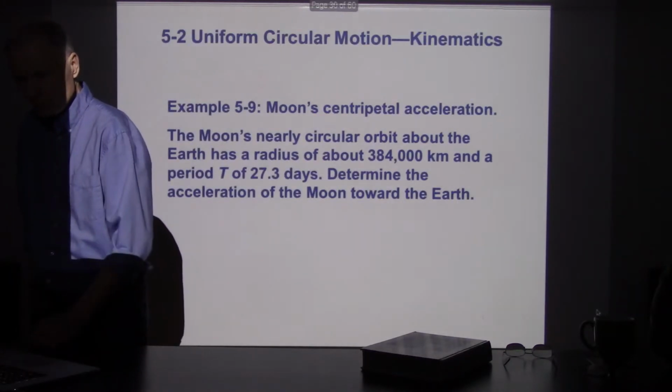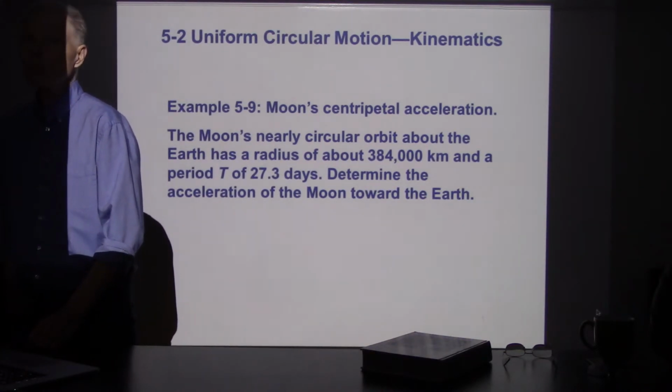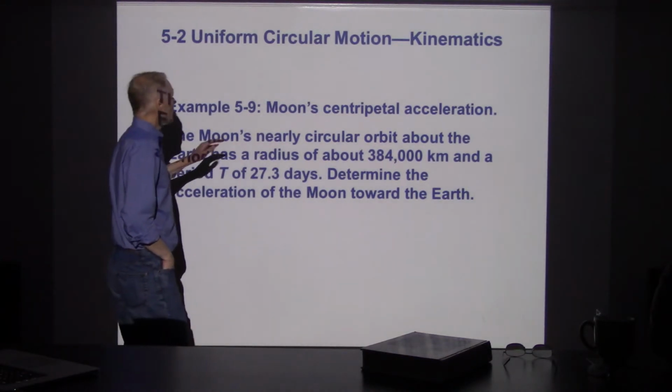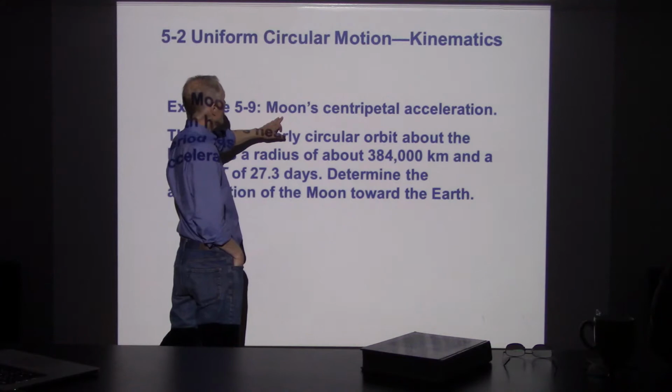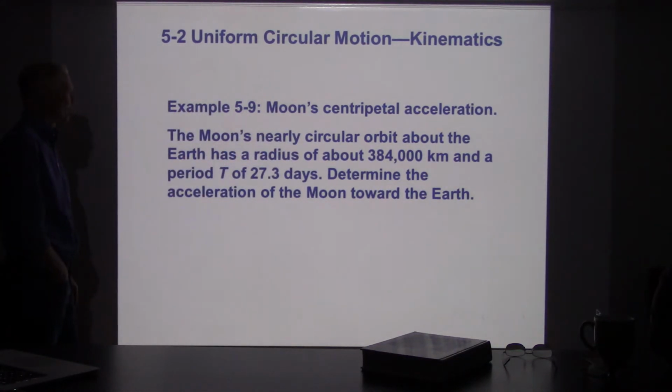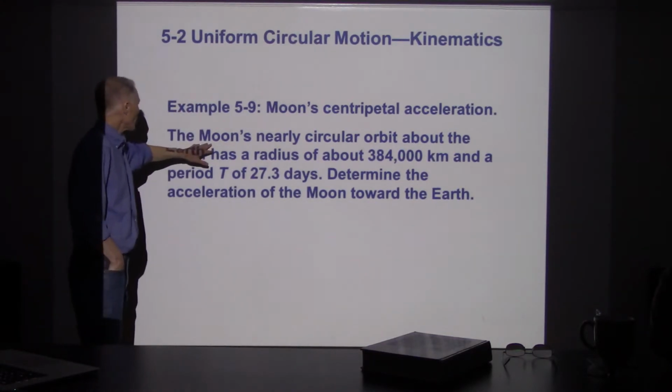Okay, let's bring in some forces. So here we've got the moon, centripetal acceleration. Maybe we don't have forces yet. I think it may still be more kinematics that we're making our way through here.